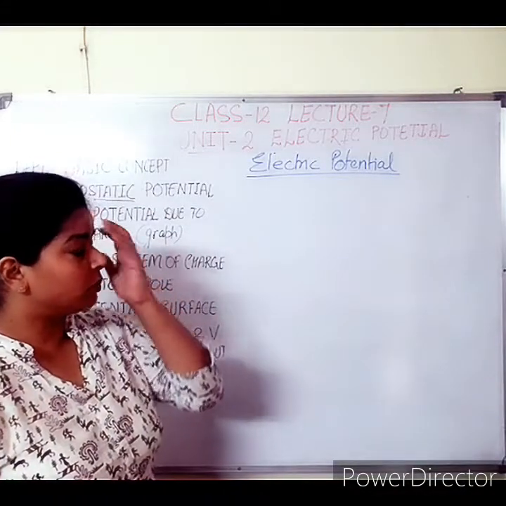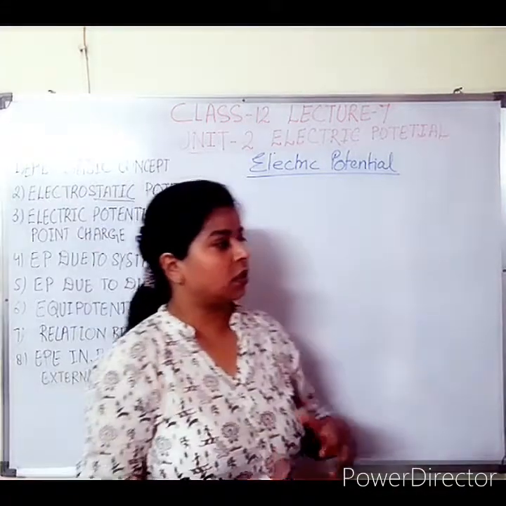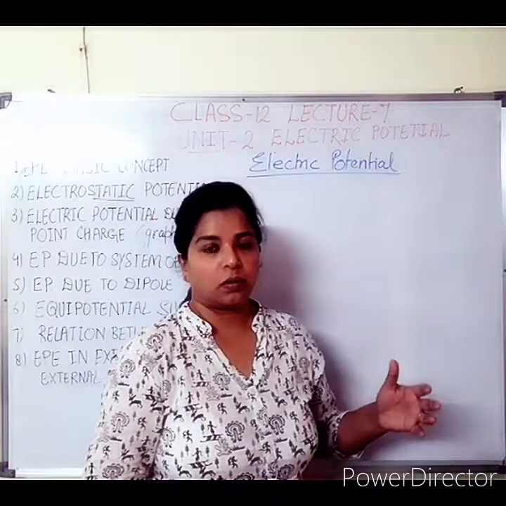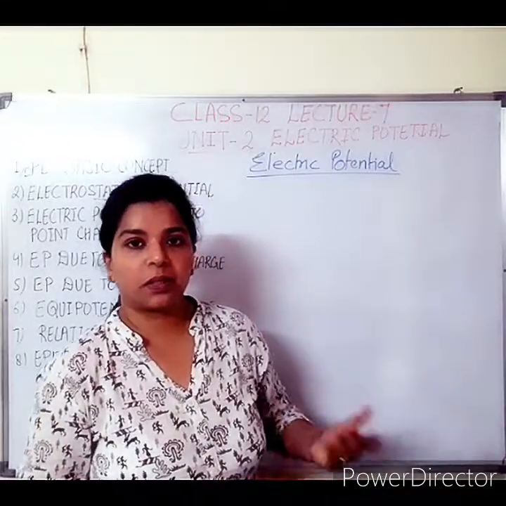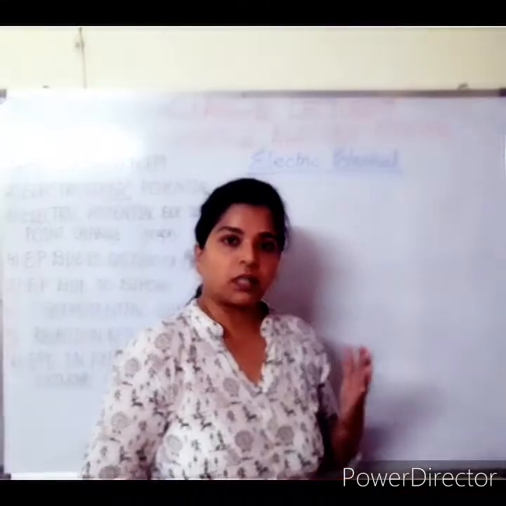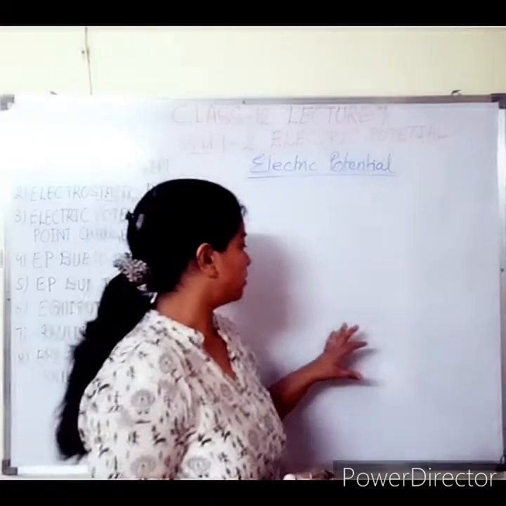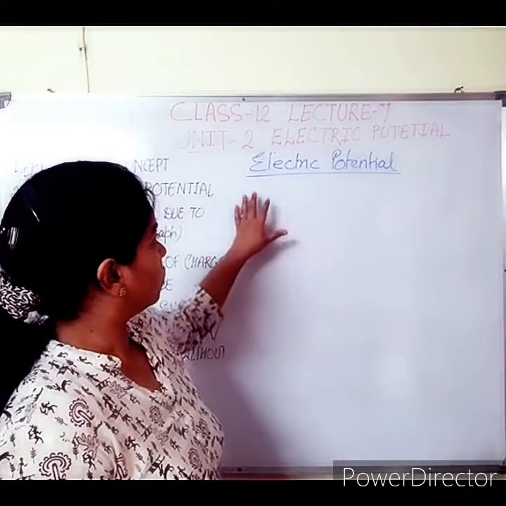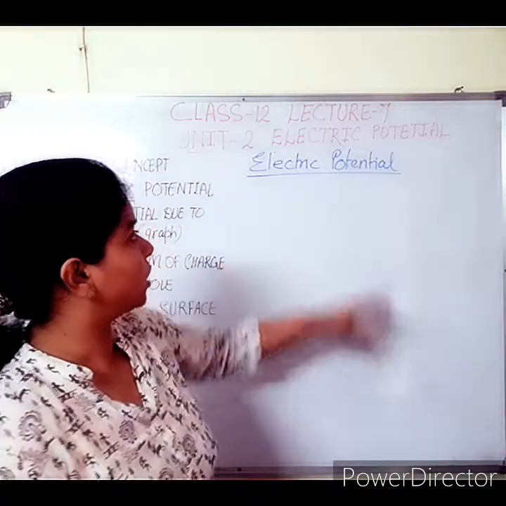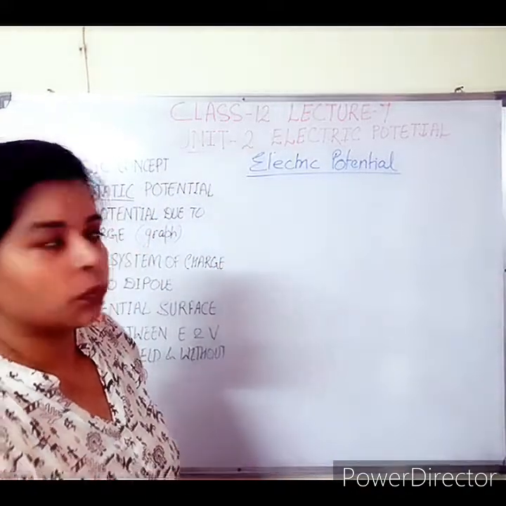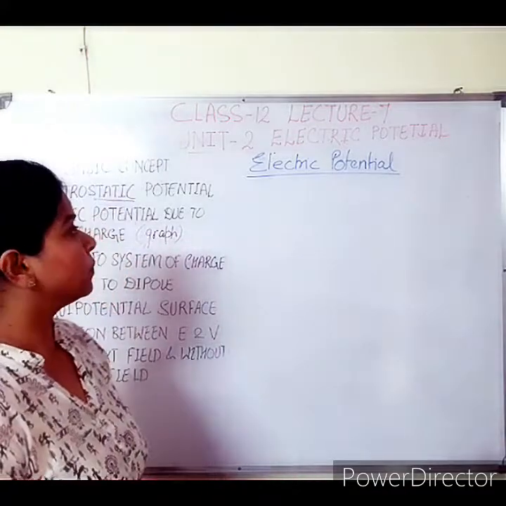Whenever I am discussing something, it is related to the previous topic. Every topic is interlinked with the previous topic, so always imagine those topics whenever you go through any new topic. Here it is electrostatic potential; electrodynamic potential is also present, as I told you.